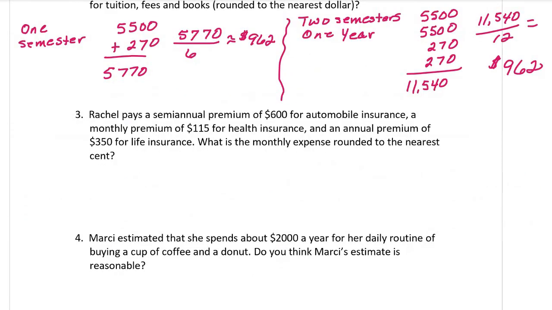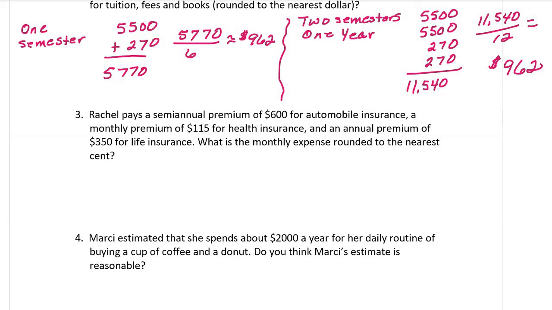Problem 3. Rachel pays a semi-annual premium of $600 for automobile insurance and a monthly premium of $115 for health insurance and an annual premium of $350 for life insurance. What is the monthly expense rounded to the nearest cent?